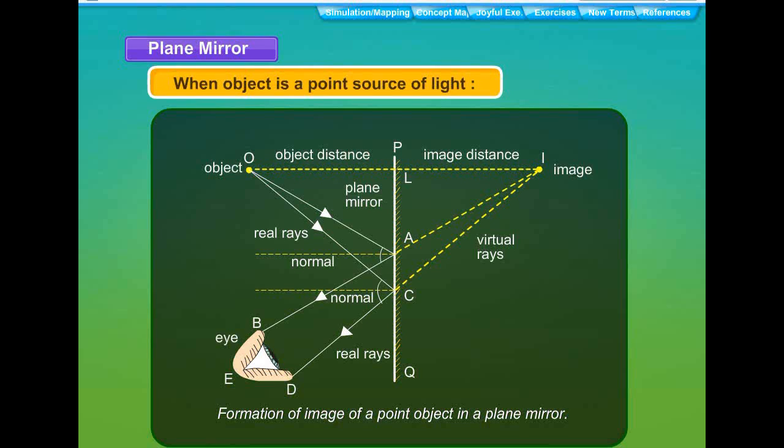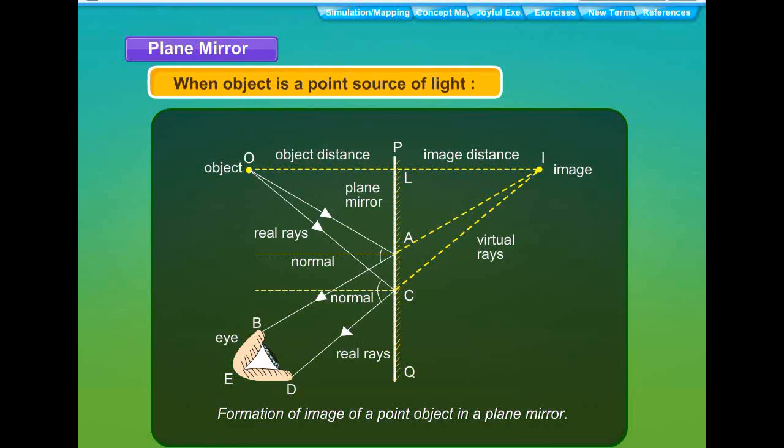Draw normal to the surface of mirror PQ at the points A and C. Then draw the reflected rays at the points A and C. AB and CD are reflected rays. Extend them backwards. They meet at the point I. For a viewer's eye at E, the reflected rays AB and CD appear to come from the point I.